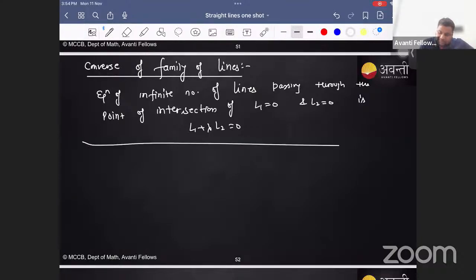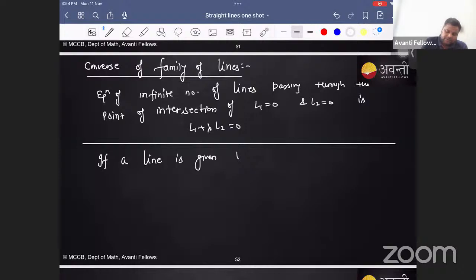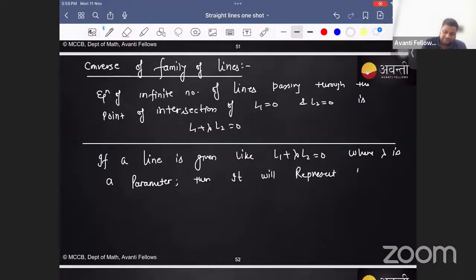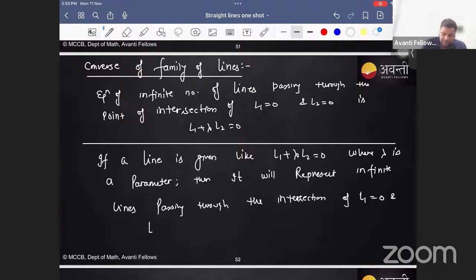Alright. Now the converse is, if a line is given like L1 plus lambda L2 equal to 0, where lambda is a parameter, then it will represent infinite lines passing through the intersection of L1 equals to 0 and L2 equal to 0.